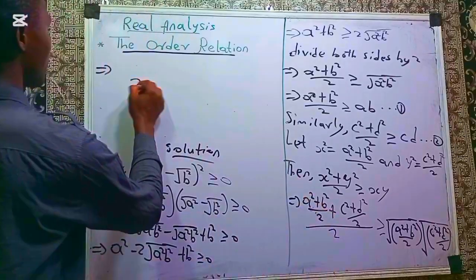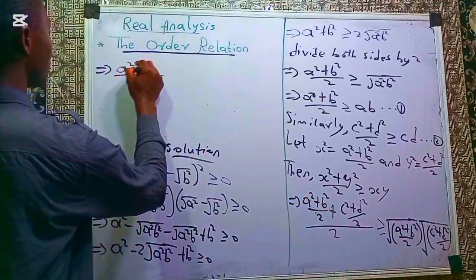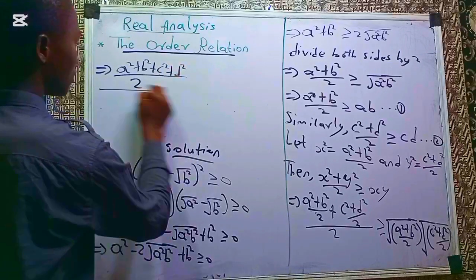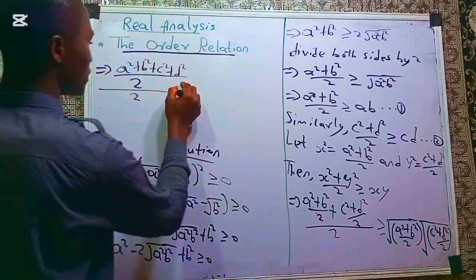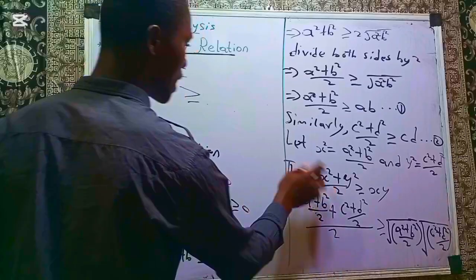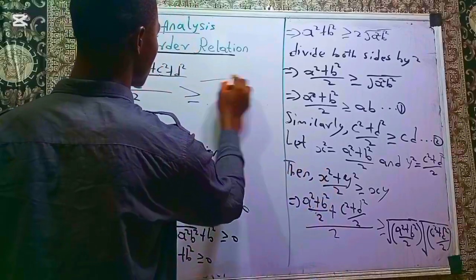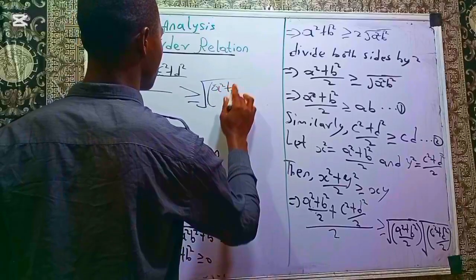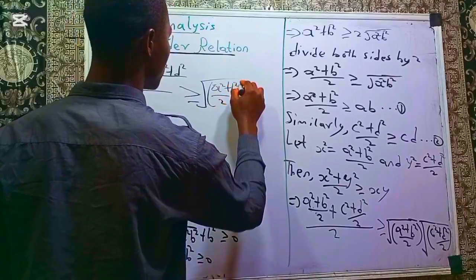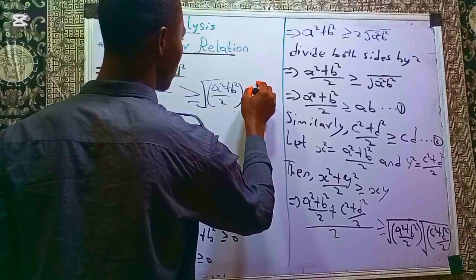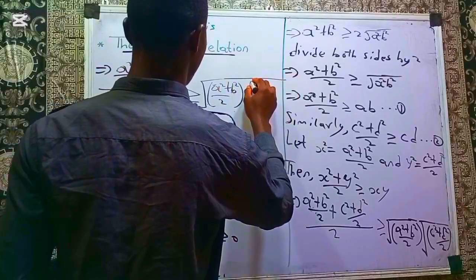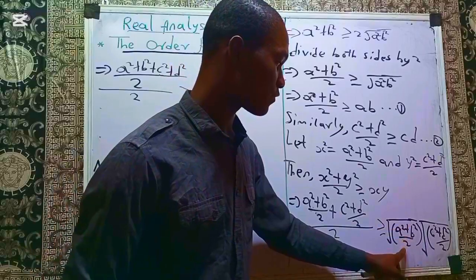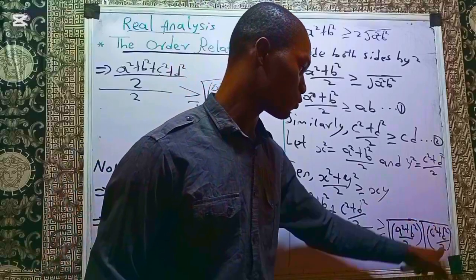The LCM is 2, so I'm going to have 2 times (a squared plus b squared plus c squared plus d squared), divided by 2 again, greater than or equal to the square root of (a squared plus b squared)/2 times the square root of (c squared plus d squared)/2.